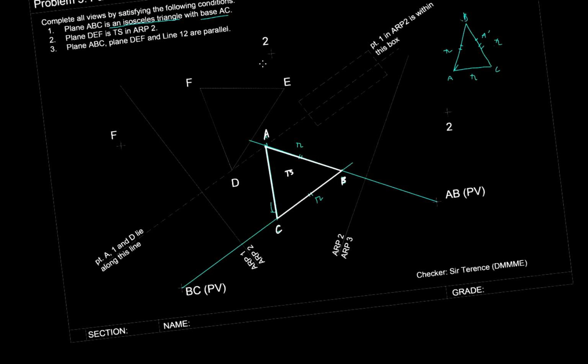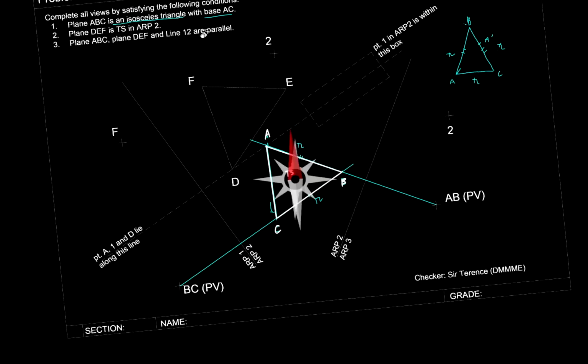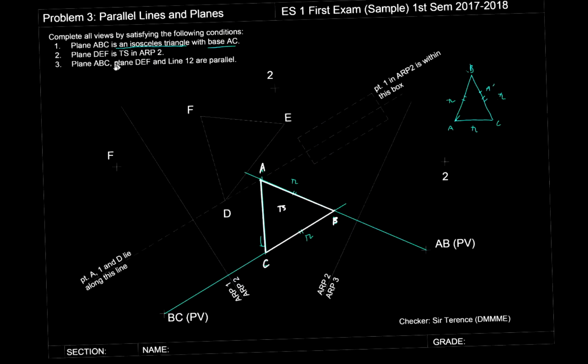Tapos ngayon, hanapin naman natin si DEF. So ang only information na sinabi dito is that DEF is true size in ARP2. Tapos yung isang information pa is that the plane ABC and the plane DEF and the line 1, 2 are all parallel. Okay?